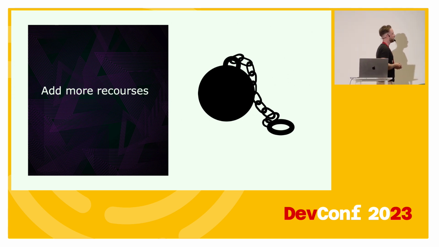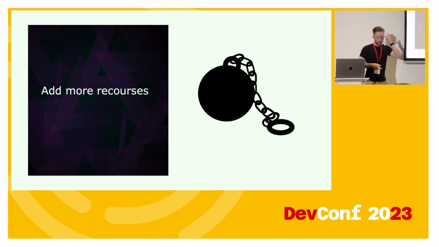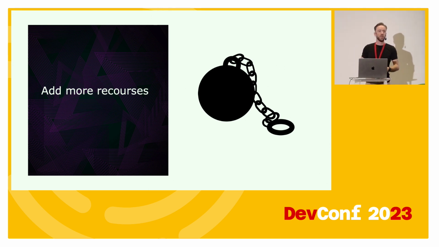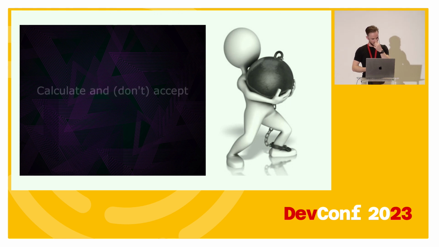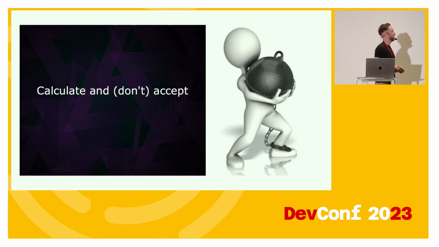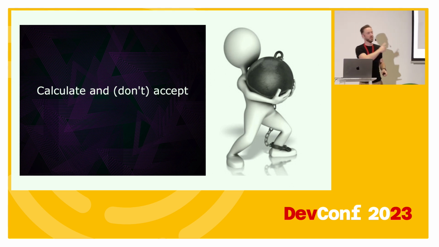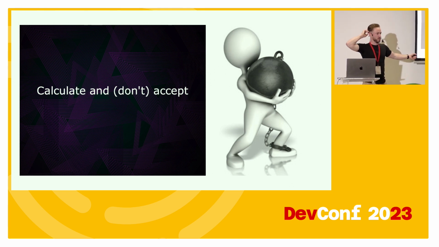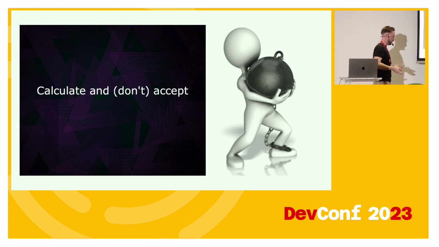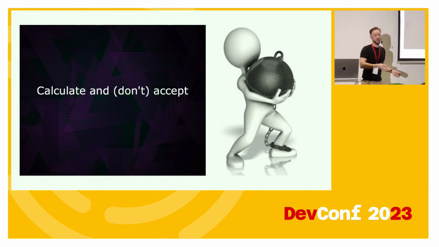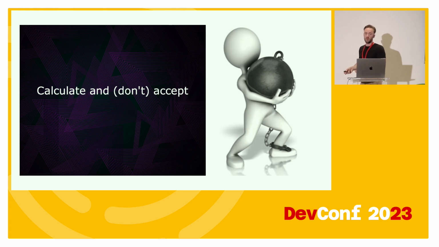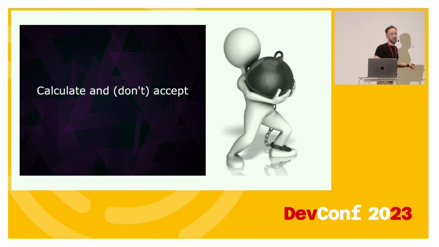In terms of performance and in the context of Scrum and velocity, adding more resources is actually never the solution. What you need to do is pick up that ball and chain, deal with it, and calculate. We just did the calculation before. I was $1,200 short. So there's a couple of solutions. I said I could pick up another job if I really want to do it now, or I could just say no, I'm not doing it.